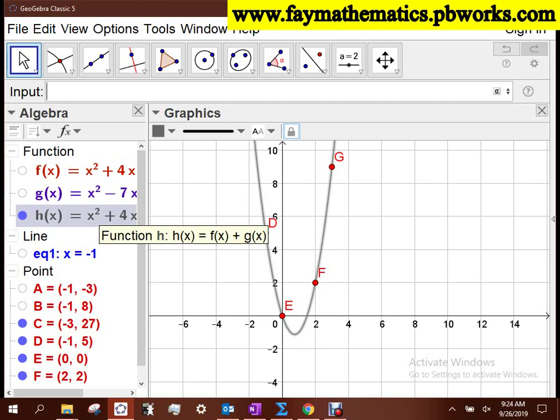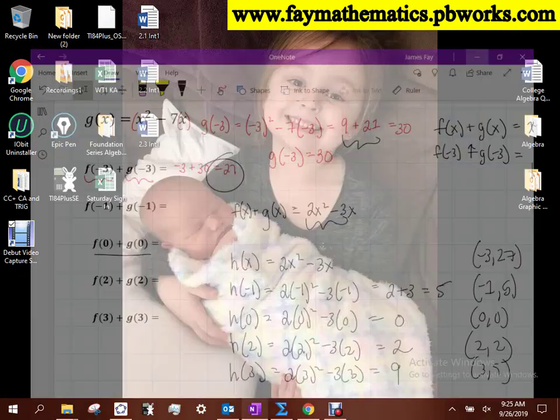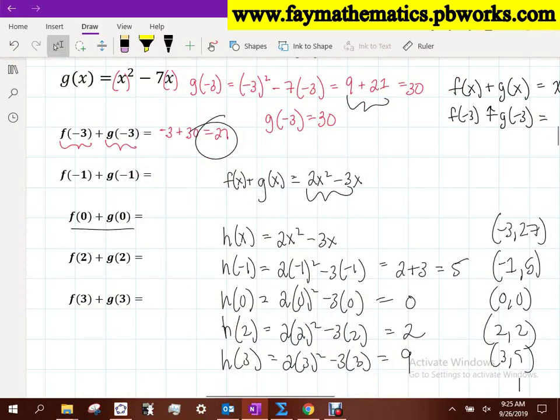Okay. So when we say that we can either evaluate individually, and then do the algebra between those evaluation points, or we can take the algebraic expression and add it together, and then evaluate in that, you're getting the same results.